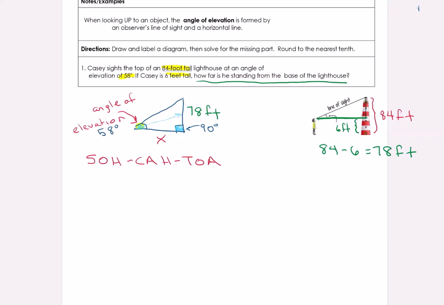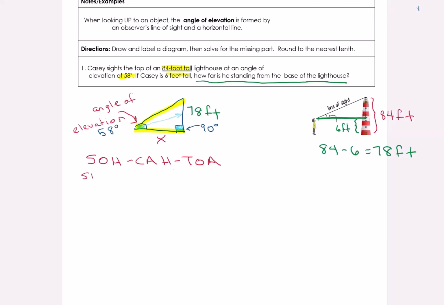Adjacent means next to. I have two sides next to my 58-degree angle. I have this side and this side. Those are adjacent, but we never call the hypotenuse adjacent because we have another word for that, hypotenuse.